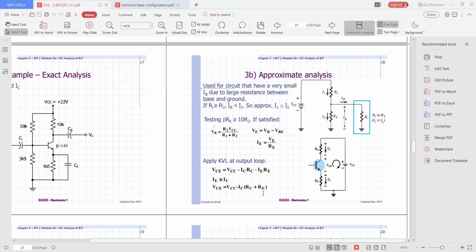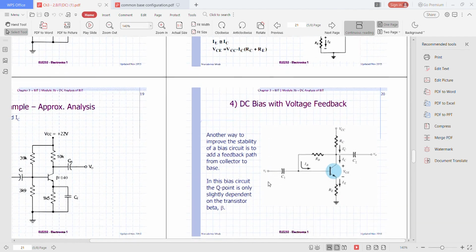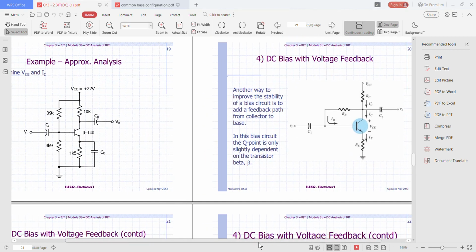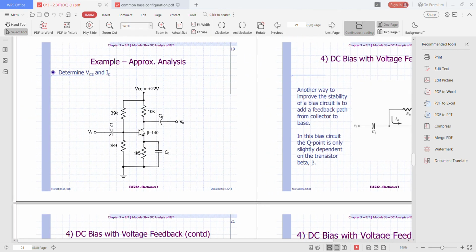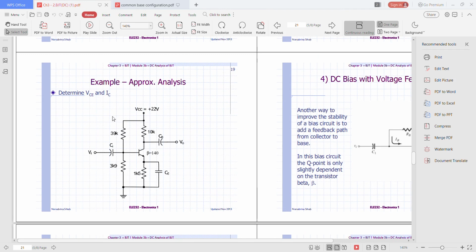Now we go on to the next slide. This is the example of approximation analysis. This is the question for you to determine the value of VCE and also IC.